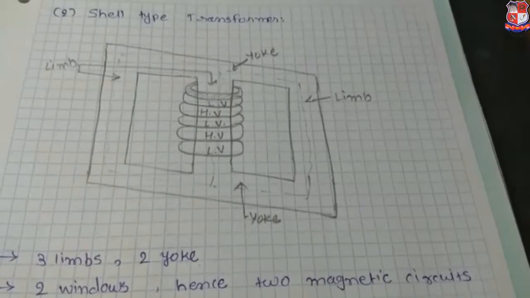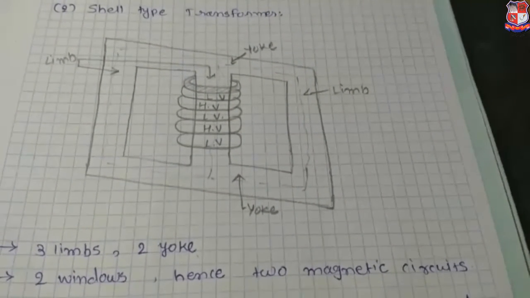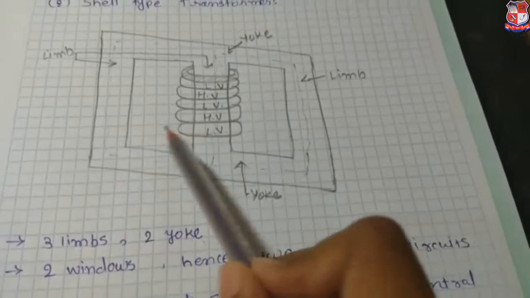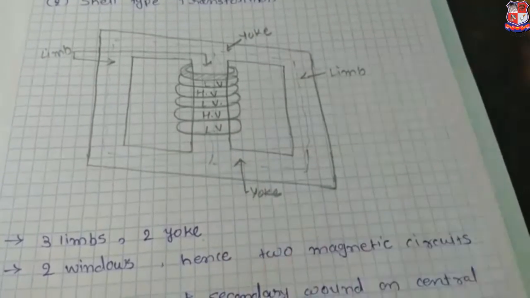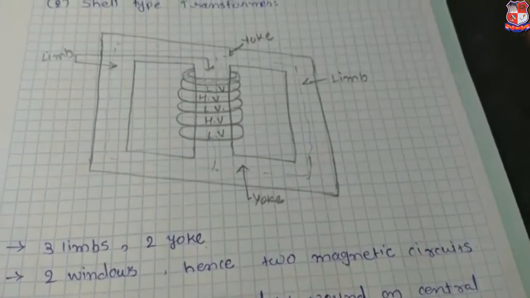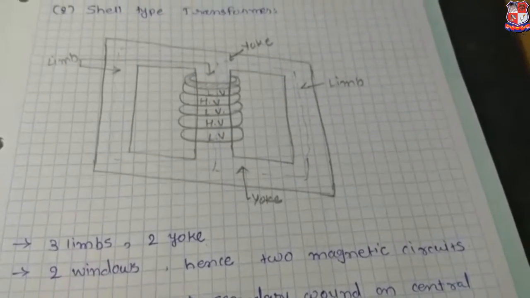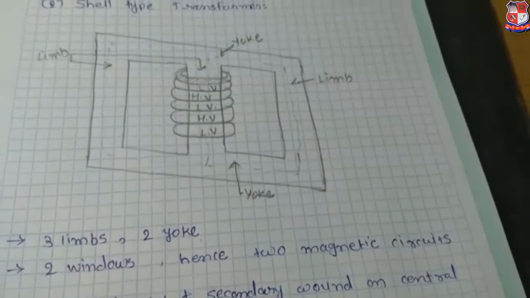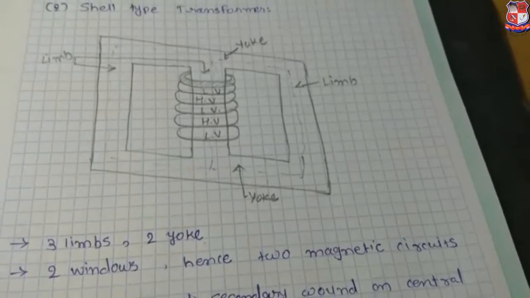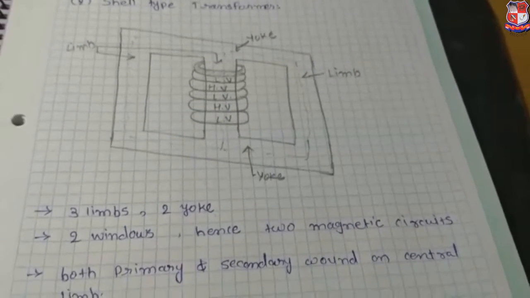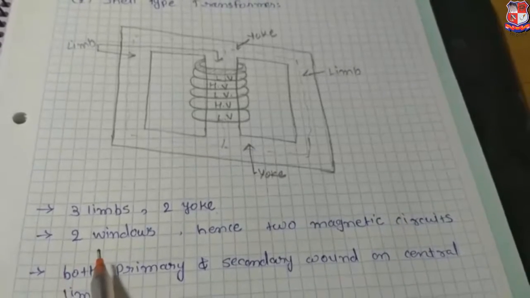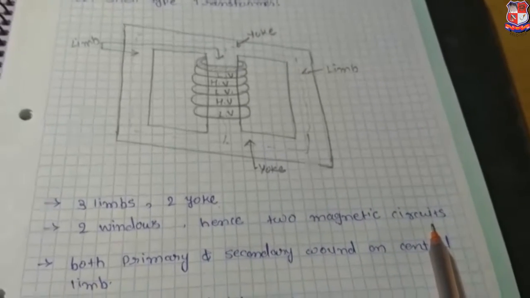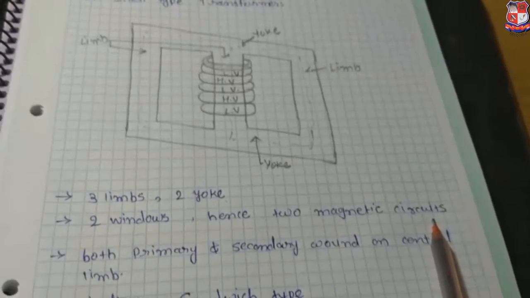So we can say that there are 3 limbs and 2 yokes. So 2 windows will be formed in this type of transformer, and due to this we will get 2 magnetic circuits for the flow of flux.